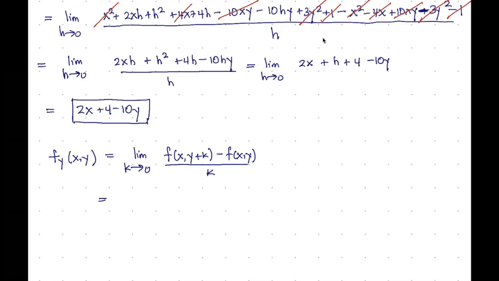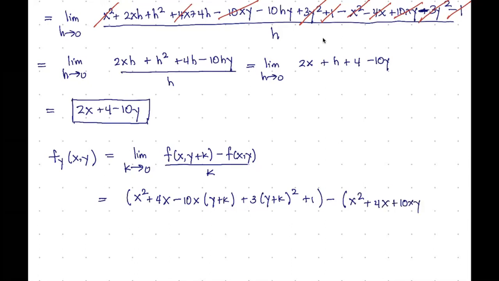And so you would plug this in, and x is not going to change, 4x is not going to change, but the y will. So you will get minus 10x times y plus k, and now you get 3 times y plus k, the quantity squared, plus 1, subtracted by the original function, x squared plus 4x plus 10xy plus 3y squared plus 1, all over k.